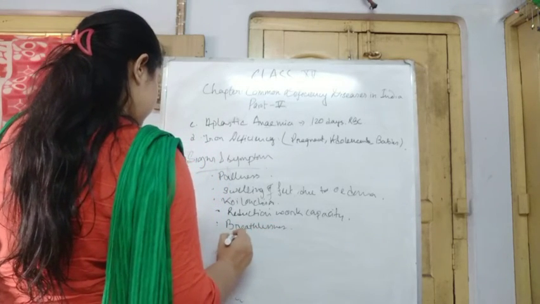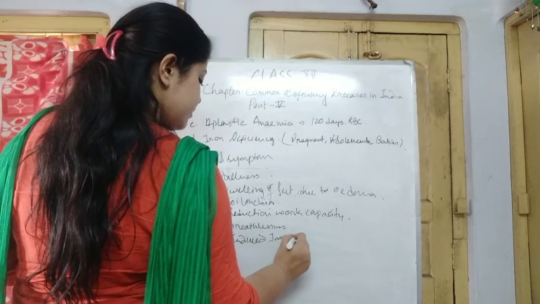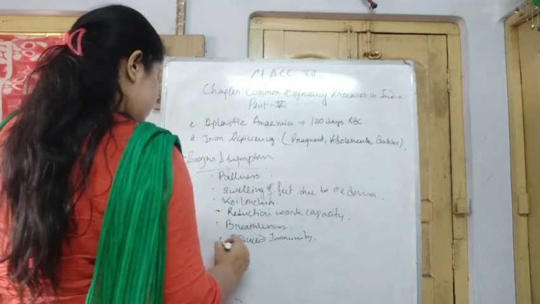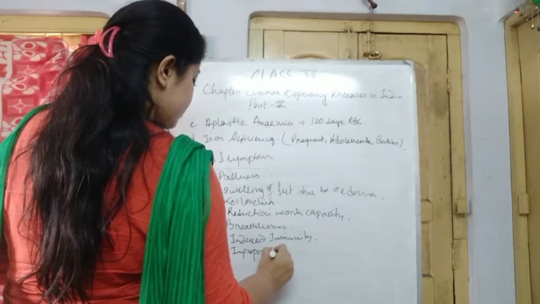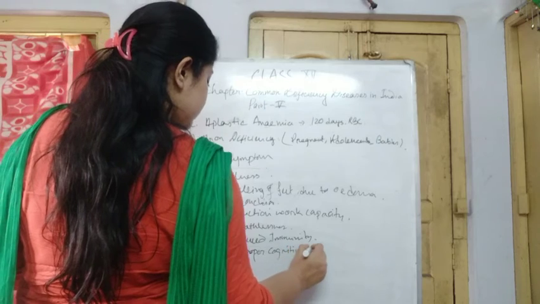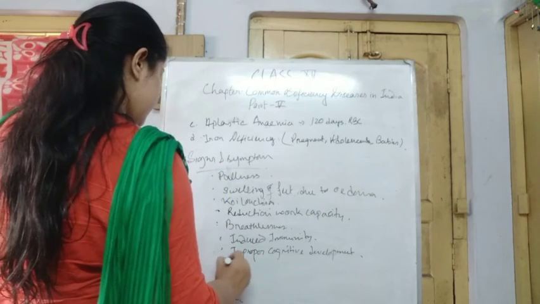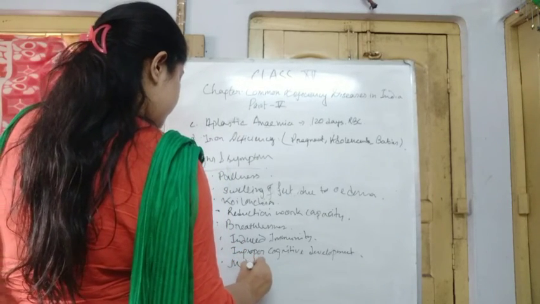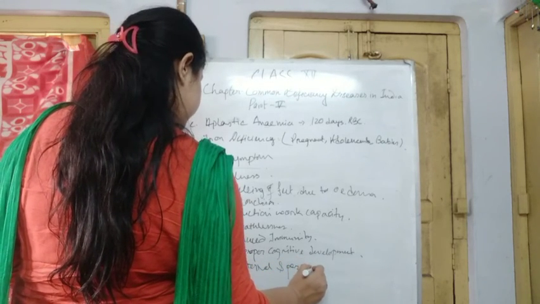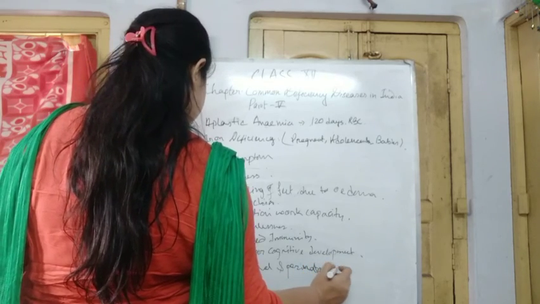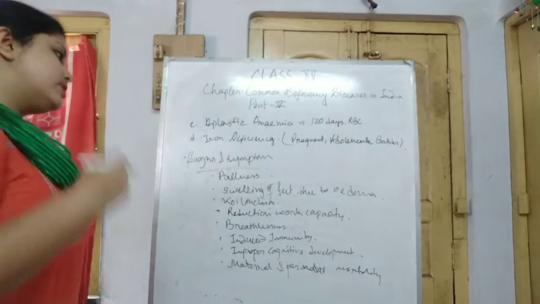The next is reduced immunity, also improper cognitive development, also maternal and perinatal mortality. So these are the main signs and symptoms of the anemia.